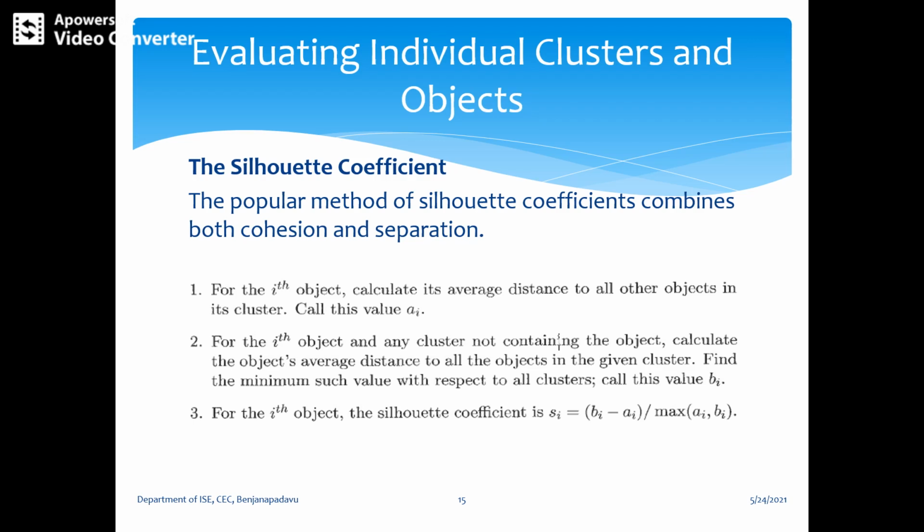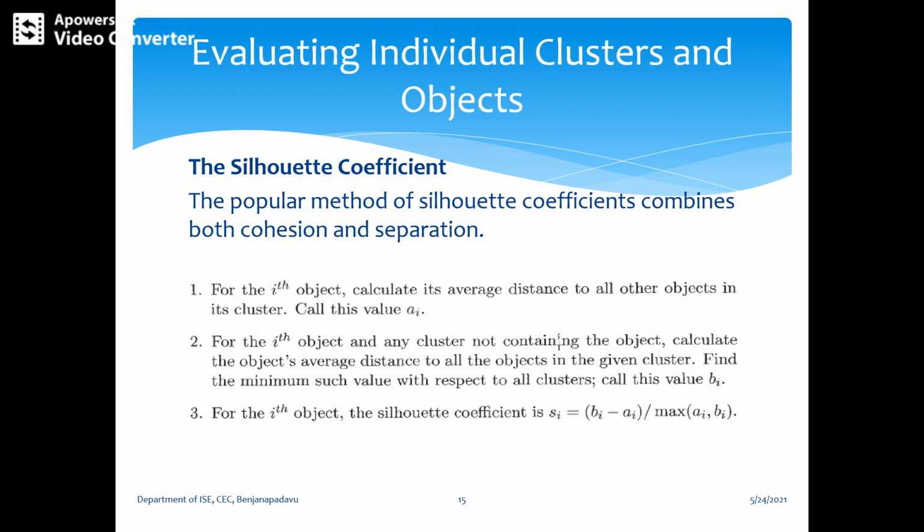Here the value of the silhouette coefficient can vary between -1 and +1. A negative value is undesirable because it corresponds to the case where Ai, the average distance to the points in the cluster, is greater than Bi, the minimum average distance to the points in any other cluster.